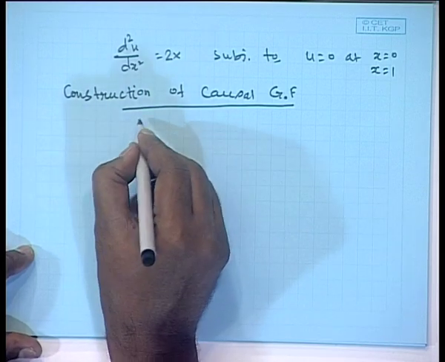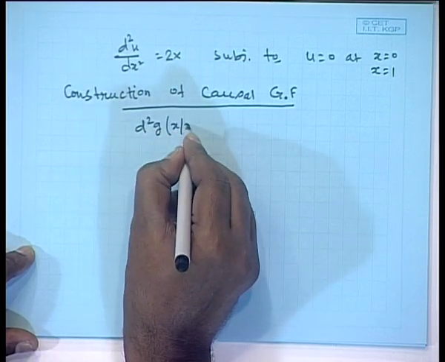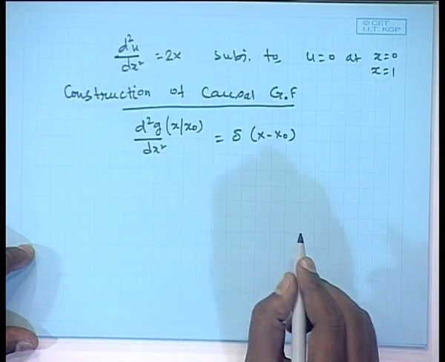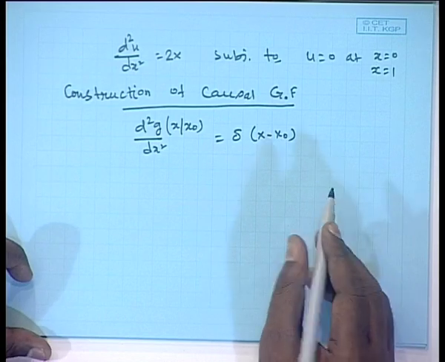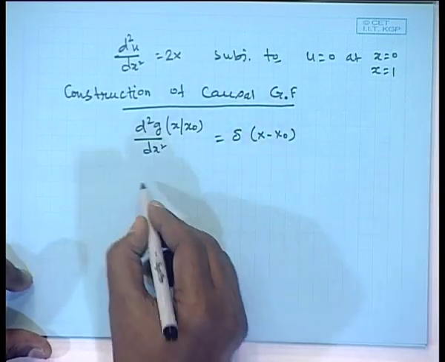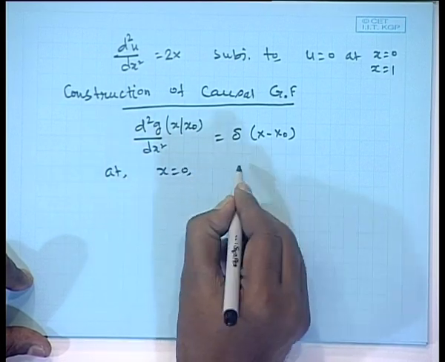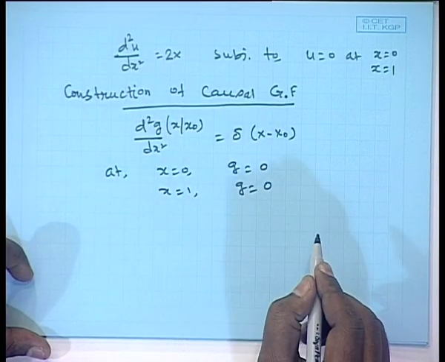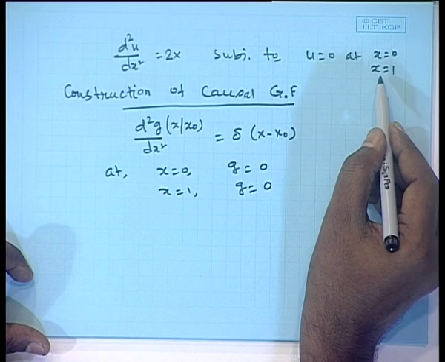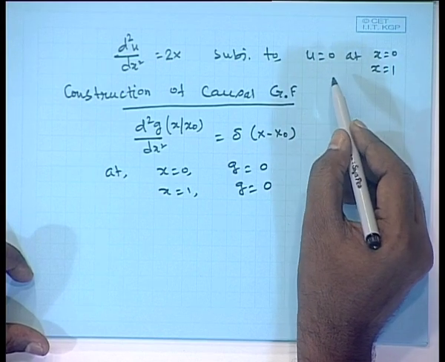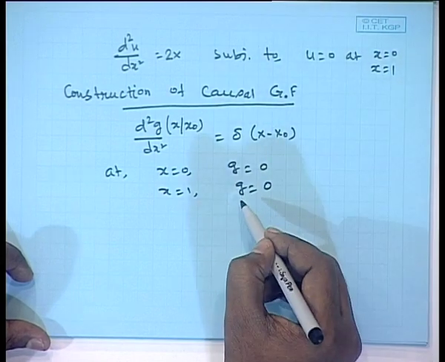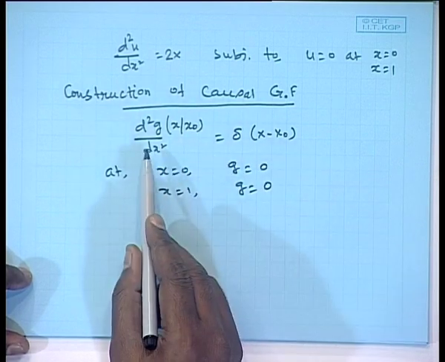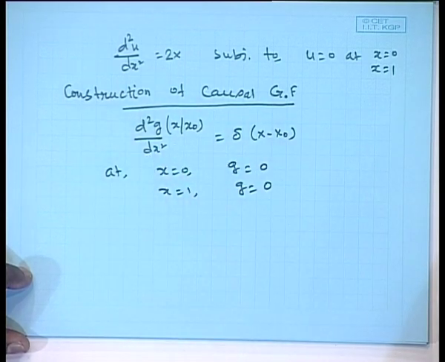The causal Green's function will be d square g(x; x naught)/dx square is equal to delta(x minus x naught), right, and subject to the conditions at x equal to 0, g is equal to 0, at x equal to 1, g equal to 0, right. If the boundary condition at x equal to 1 had been du/dx is equal to 0, then this would have been dg/dx equal to 0. Now, we have already solved the Green's function for this operator just in the previous example. What is that?